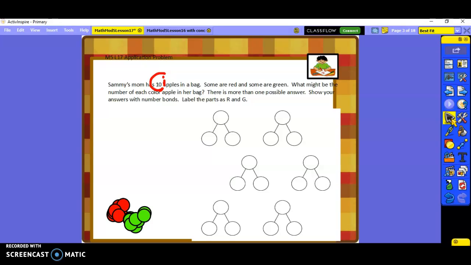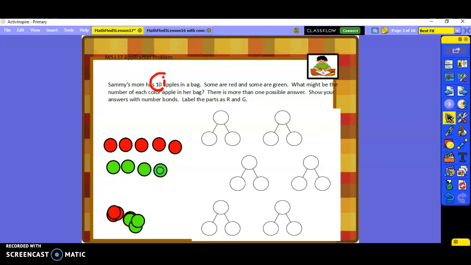Okay, let's talk about one possible answer to this problem. We could have the parts 5 and 5. Yes, this would be one way that we could have the number 10. That Sammy could have 10 apples in his bag.